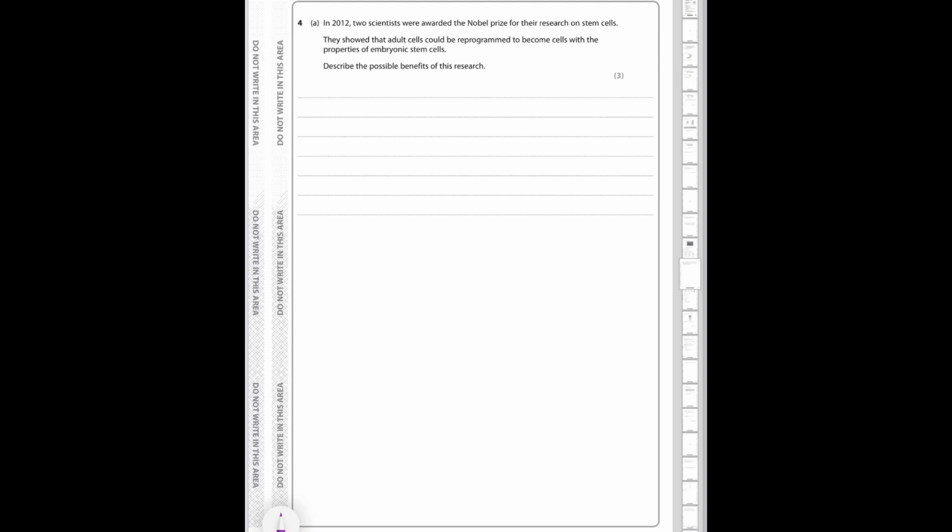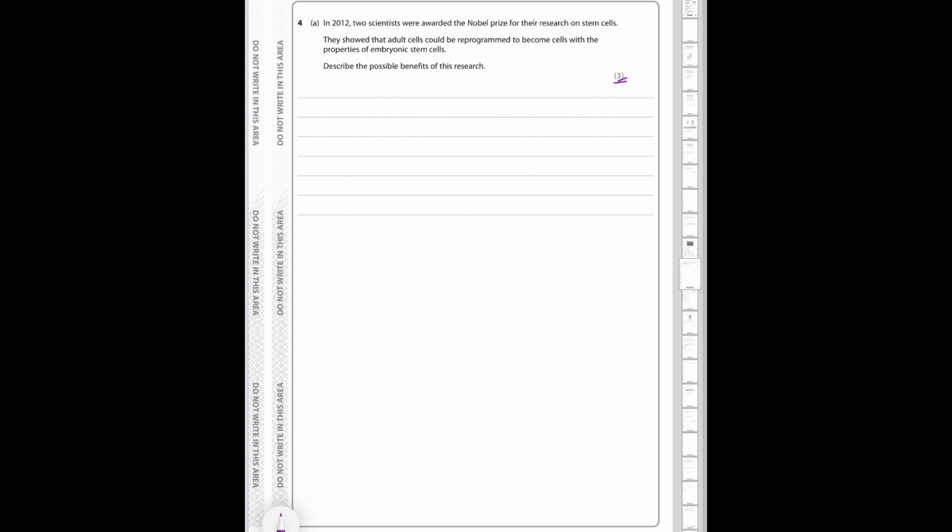In 2012, two scientists were awarded the Nobel Prize for their research on stem cells. They showed that adult cells could be reprogrammed to become cells with the properties of embryonic stem cells. Describe the possible benefits of this research, and it's a 3-mark question. So, the first thing that we can say is that stem cells have the potential to produce any cell type.